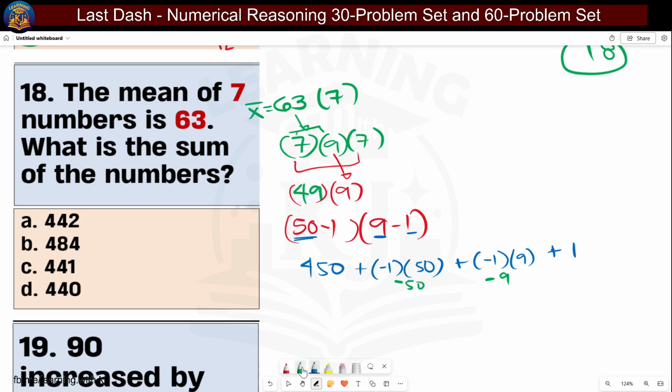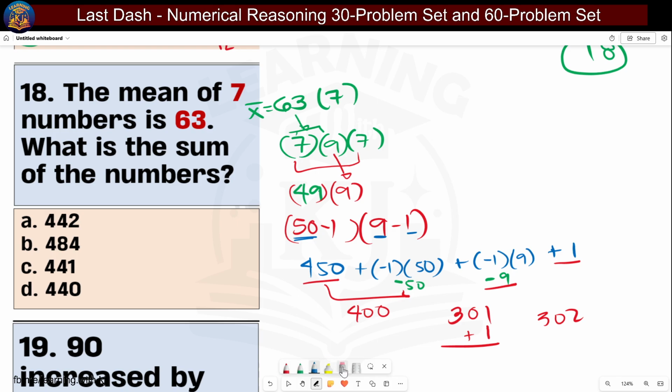So, we have 450 minus 50, ilan yan siya? 400. Minus 9, 400 minus 9, that's 391. And then plus 1, that's 392. Wait. Okay, I see where I got wrong.